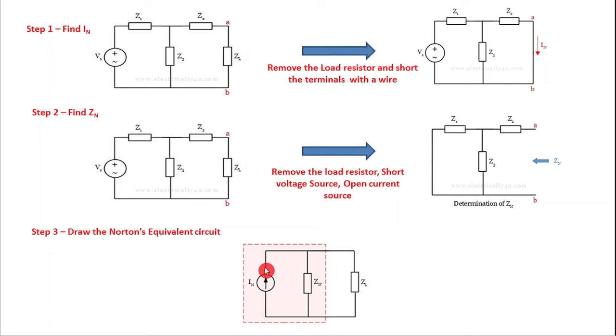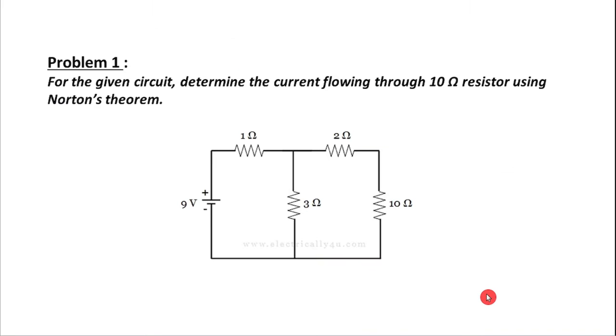Both are in parallel, and this combination is connected across the load impedance. So using this circuit, it is easily possible to find out the value of load current, that is IL, or the voltage drop across the load. So let us look at the problem.